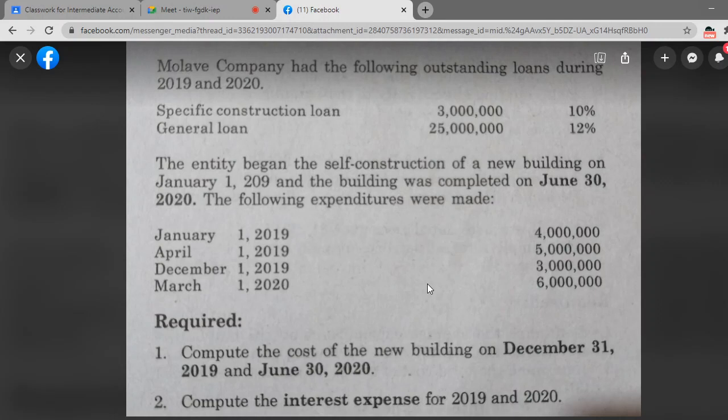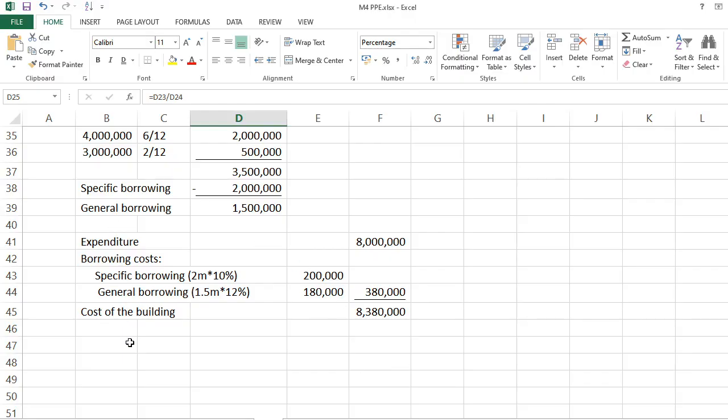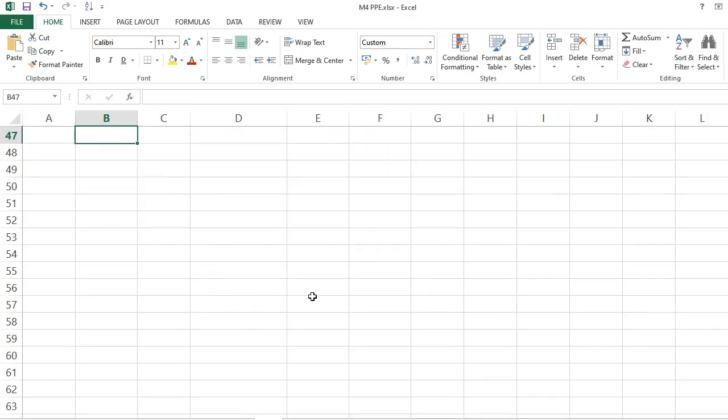Okay, let's begin with the computation of our average carrying amount. I think I mentioned this kanina, although I didn't emphasize na ang average carrying amount should be computed on a yearly basis. Okay? Yearly basis ning step 1.